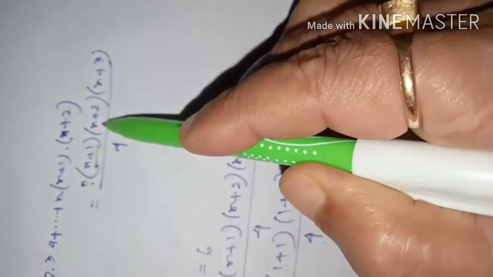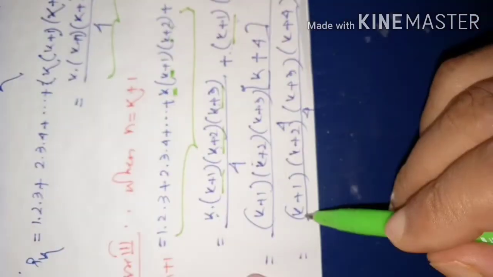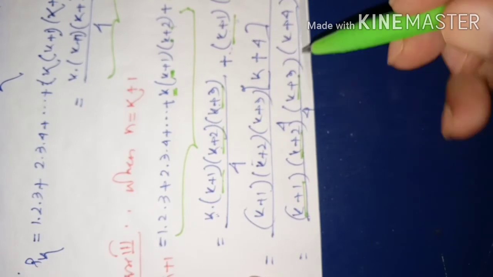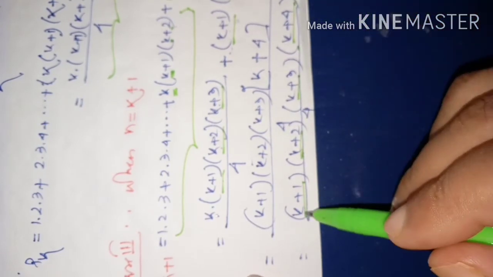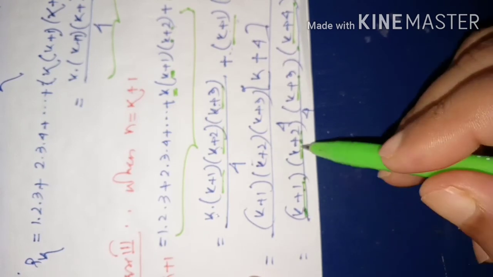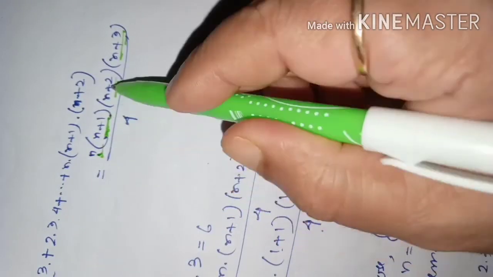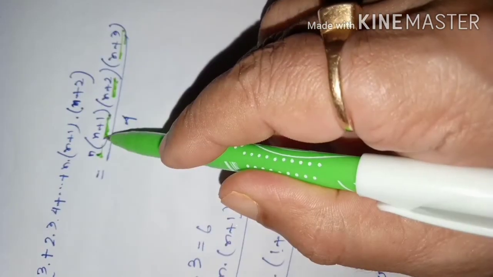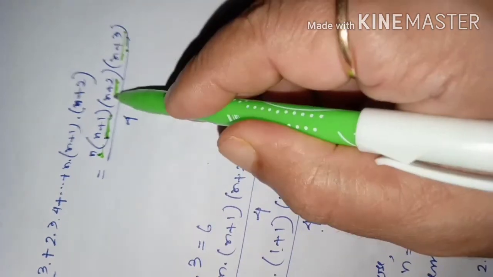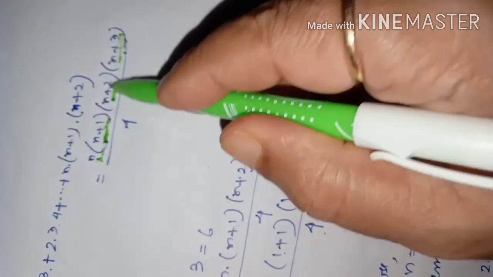What was that? If it is n, it is n plus 1, n plus 2, n plus 3. Here 1, 2, 3, 4 factors. Here also 1, 2, 3, 4 factors. As it is going forward, these factors are increasing by 1.